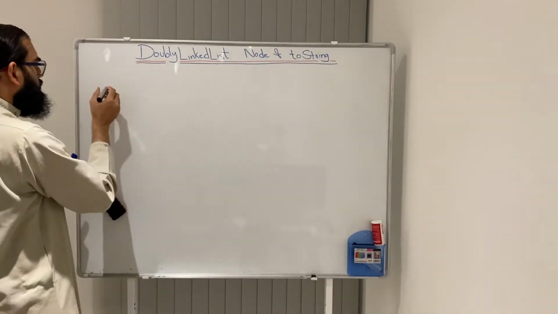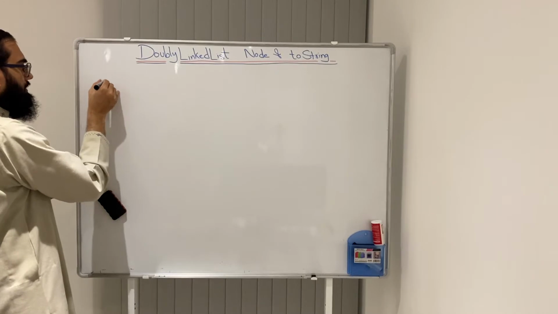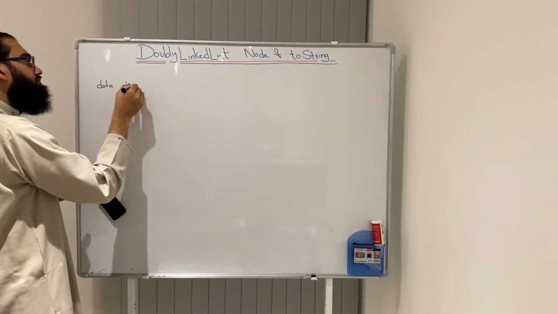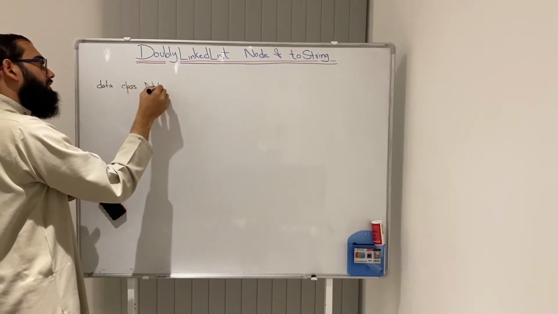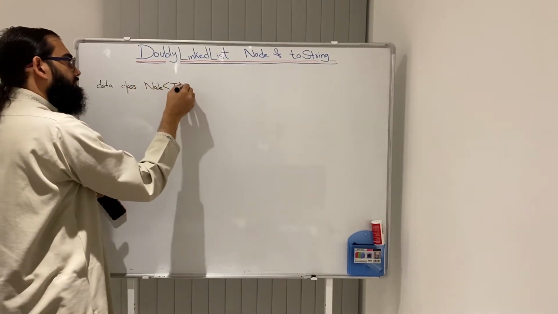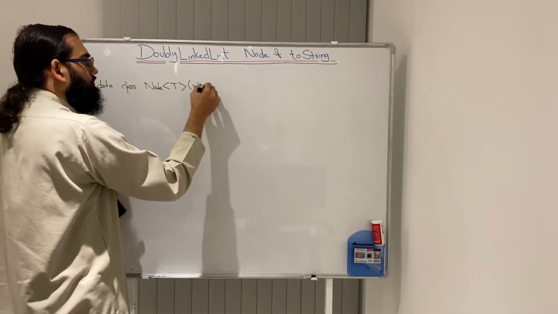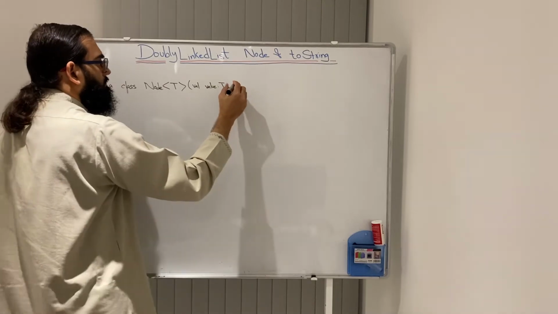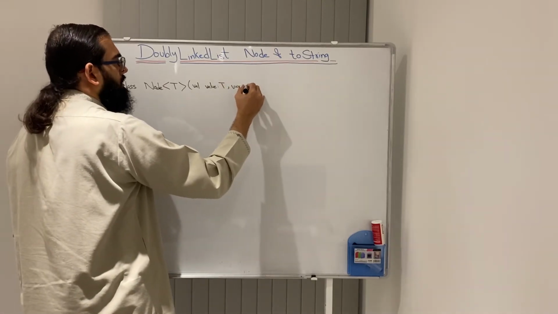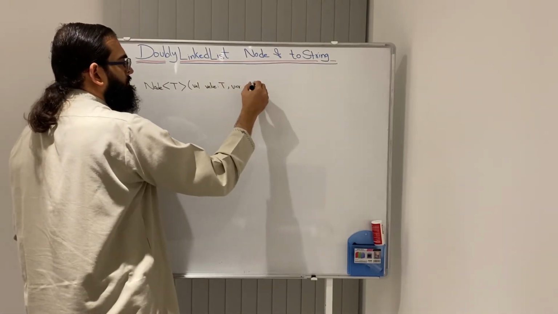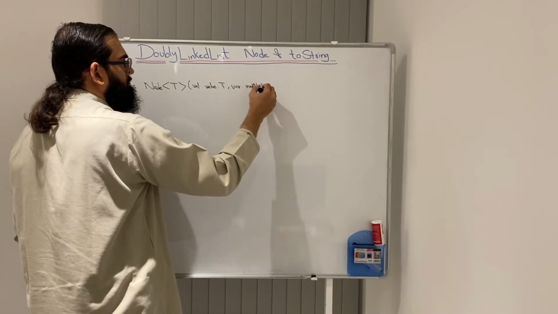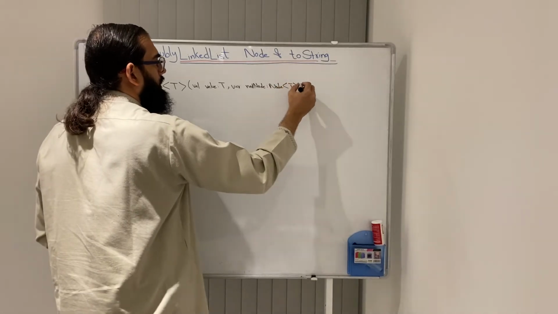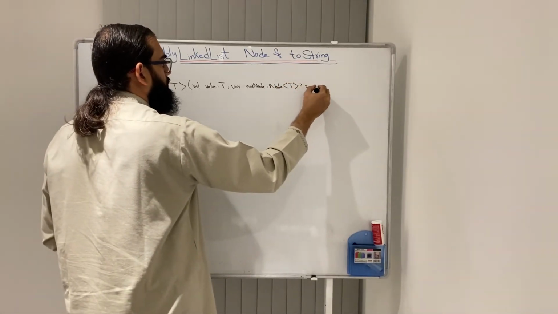So again, the node should look the same, just like before. We have a data class Node, it's generic, so T, then it has a value, which is value T, then variable next node, which is again Node T, and this is optional, and by default this is null.